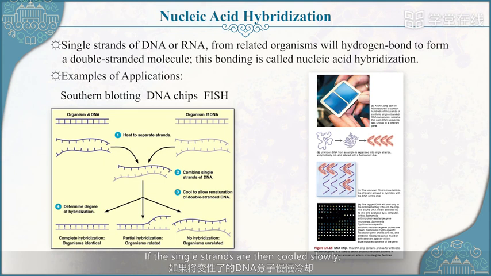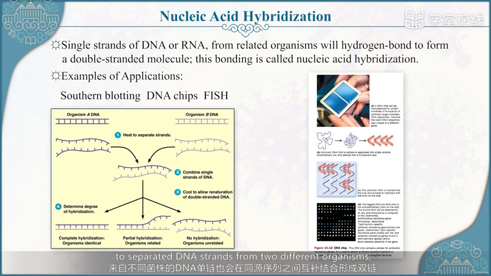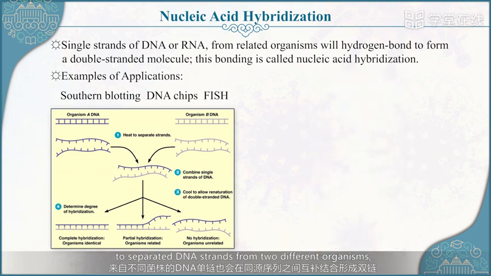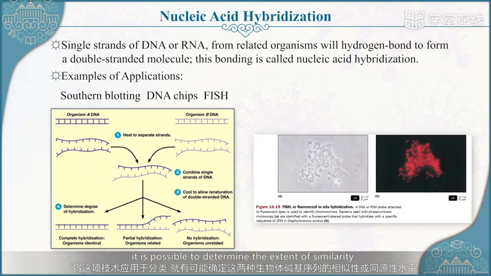If the single strands are then cooled slowly, they will reunite to form a double-stranded molecule identical to the original double strand. When this technique is applied to separate DNA strands from two different organisms, it is possible to determine the extent of similarity between the base sequences of the two organisms.